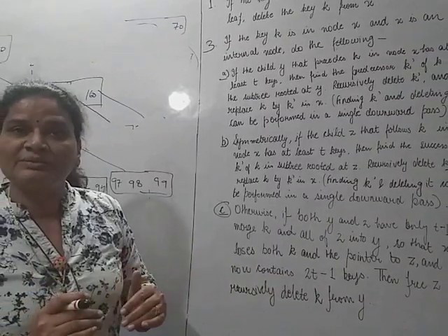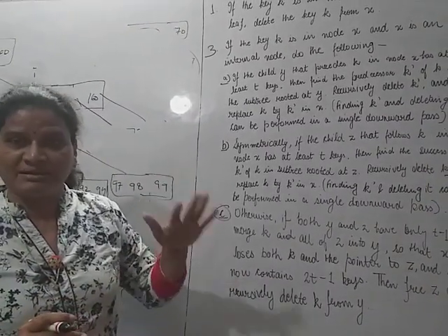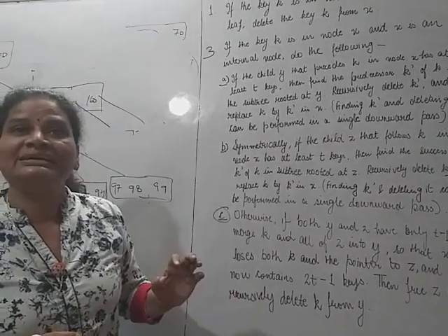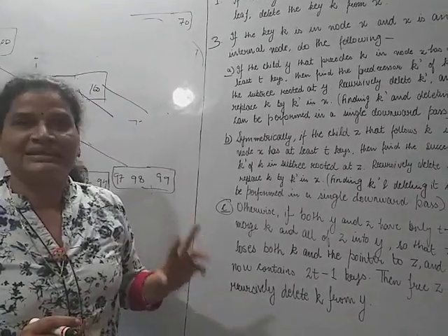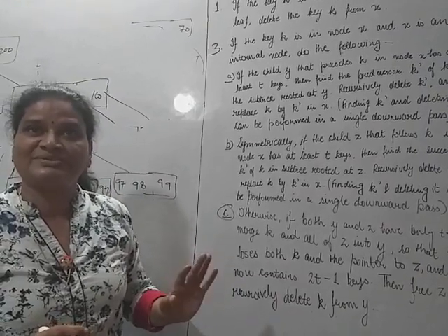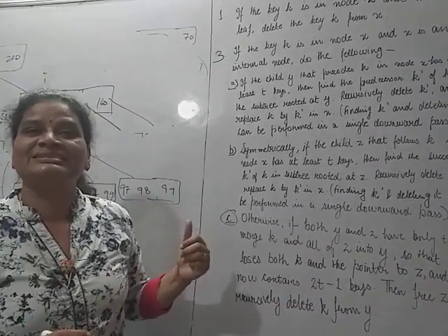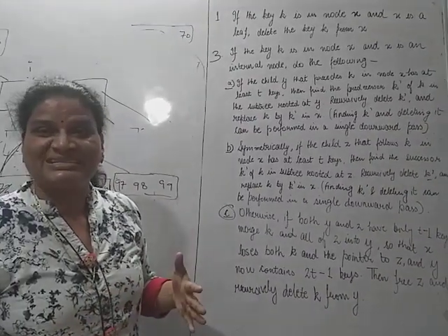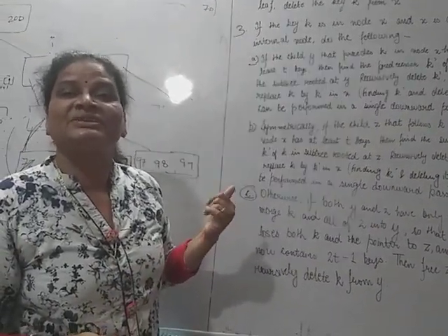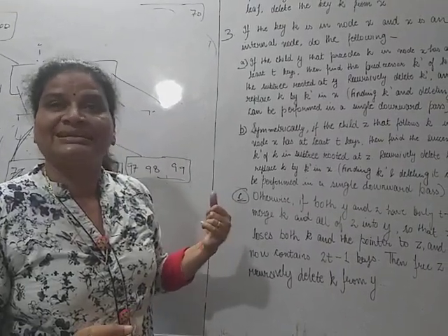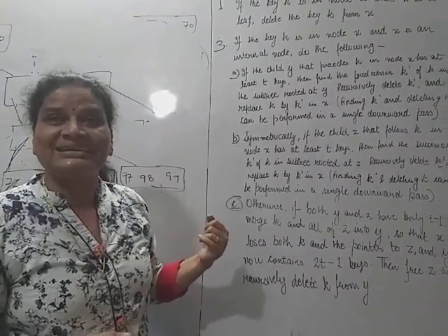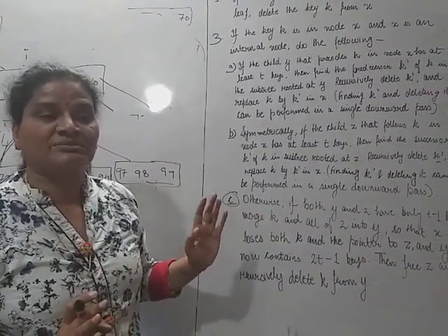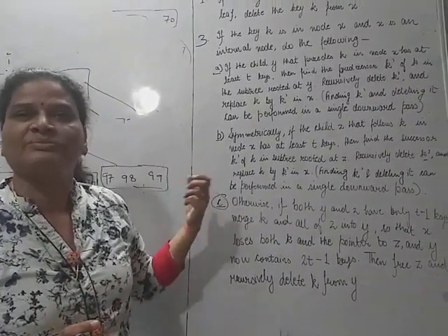At any particular point, if in moving down the node doesn't contain at least t keys, then there are two options. The first option is, if you are considering the predecessor, then consider its left sibling. If the left sibling contains at least t keys, then perform the rotation.